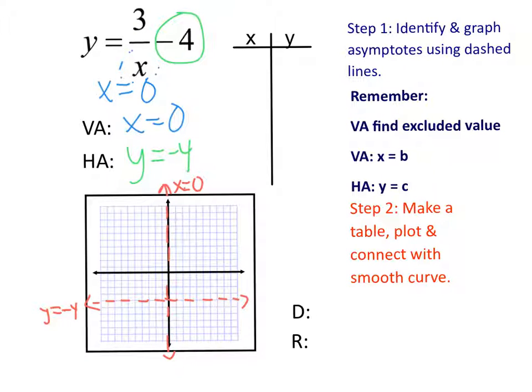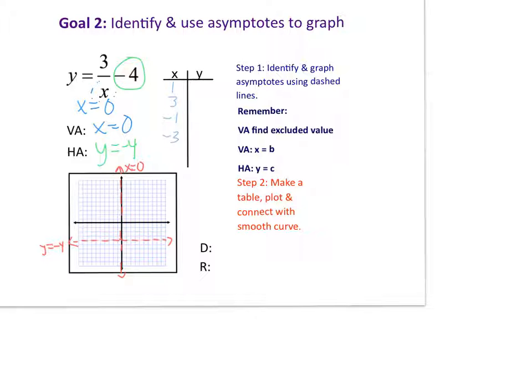Now that I've plotted those asymptotes, I'm going to look at step 2. Make a table, plot, and connect with a smooth curve. So now when I choose values for my x's to plug into my table, I want to choose at least 2 positive values and 2 negative values. So I'm going to just use the numbers 1, 3, -1, and -3. Now I'm going to plug those in and figure out what the outputs would be. So if I plug in 1, I would have 3 over 1 minus 4.